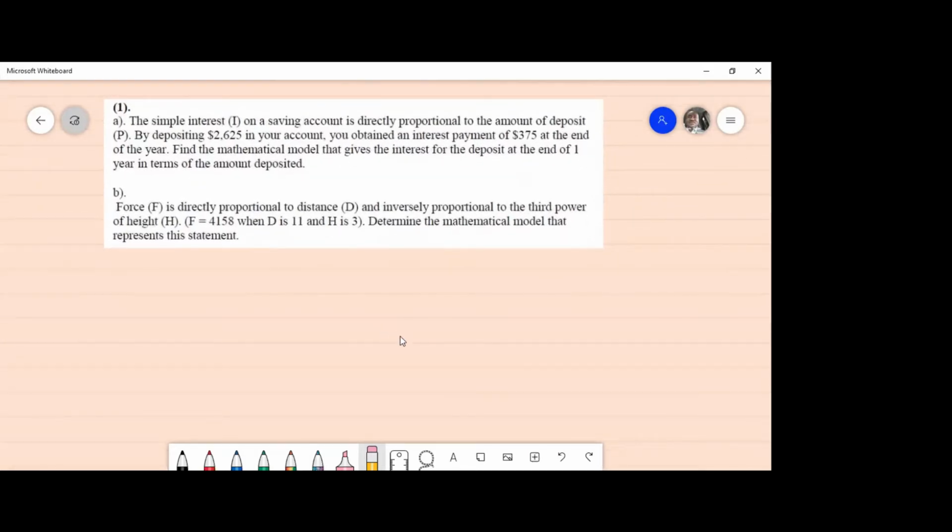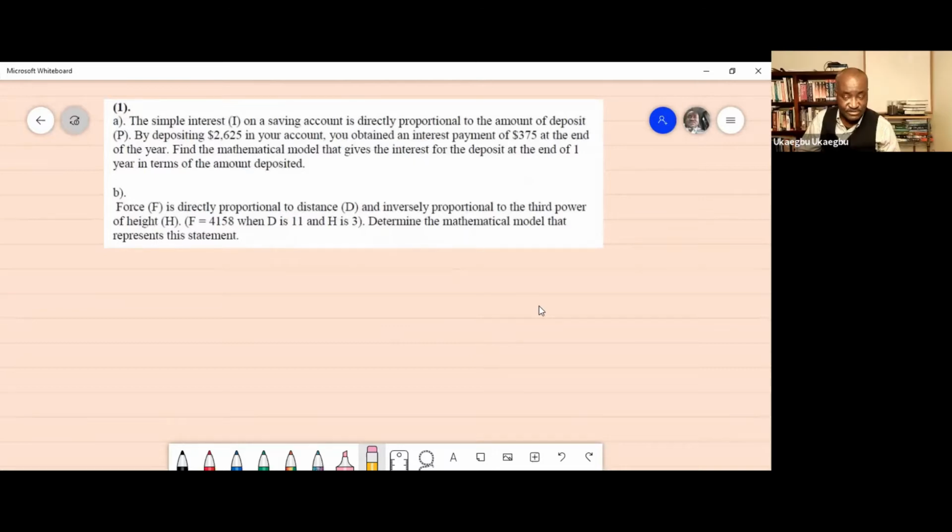Now it says the simple interest on a savings account is directly proportional to the amount deposited. So that's the basic thing you start with. Then you have to write your mathematical statement.